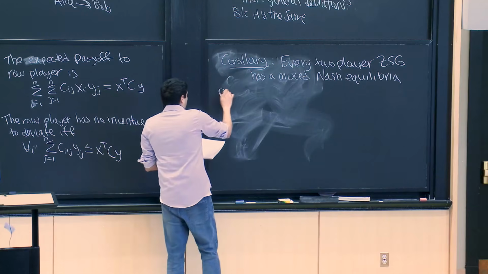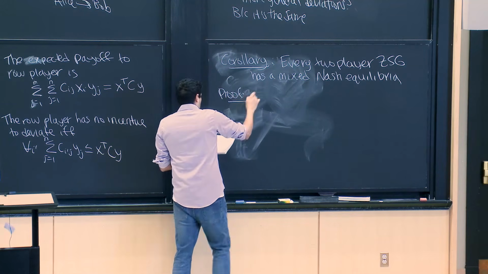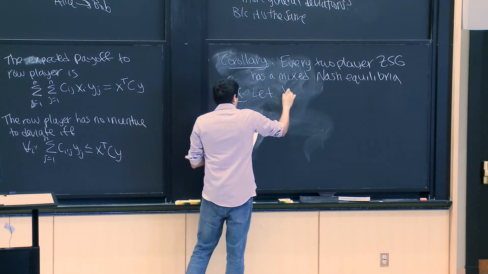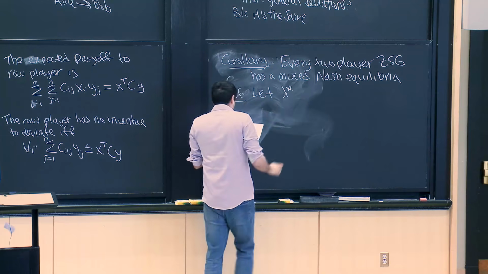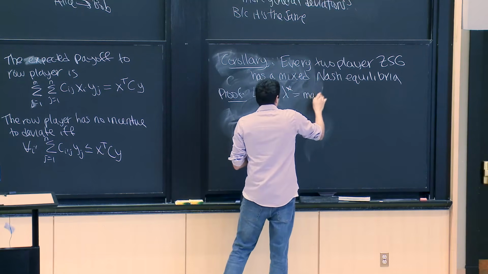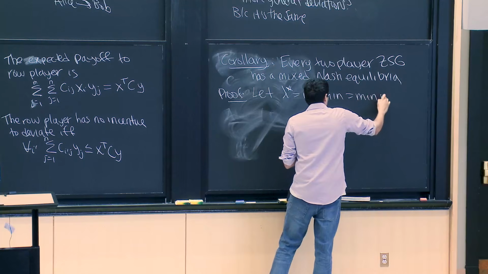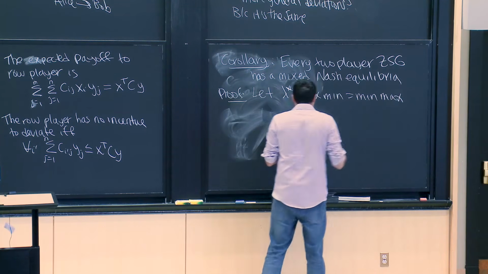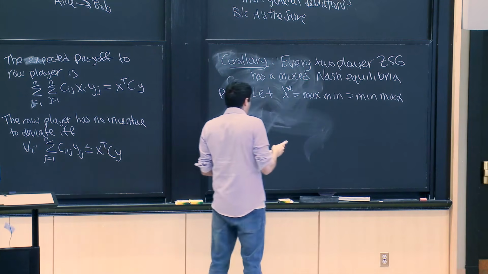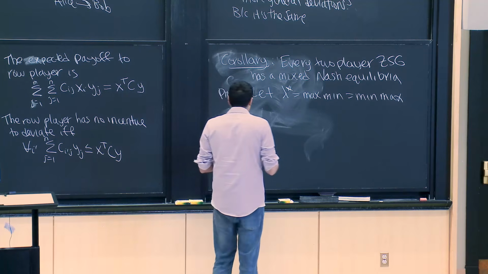So here's how the proof is going to work. We're going to let lambda star equal the max min, which of course is equal to the min max. And now the main question is, where are my strategies going to be?